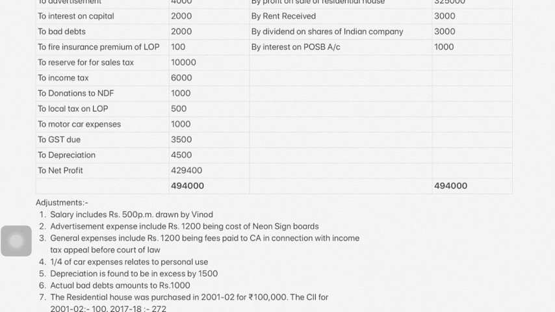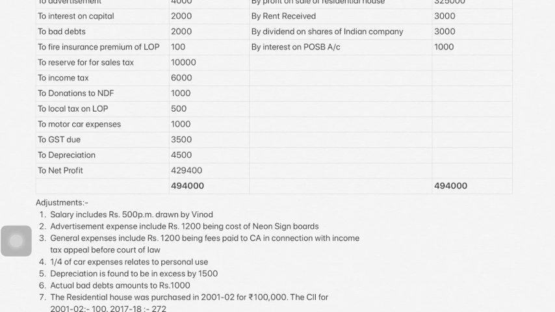Okay, now GST due, only when GST is paid, then only you can show it as an expense. This is GST due. That means the businessman has not paid the money. Okay, only in case of GST, only when it is paid, then only you can show it as expense. Here it is GST due. That means the businessman has not paid the money. So in that case, this 3500 you cannot show it.